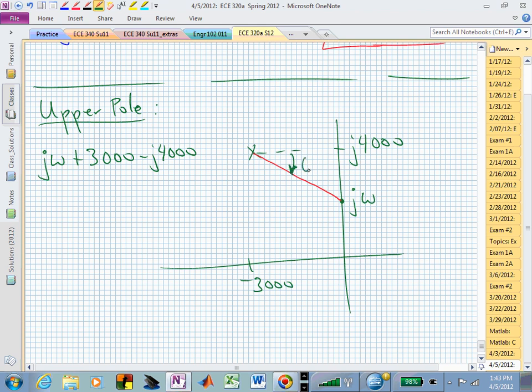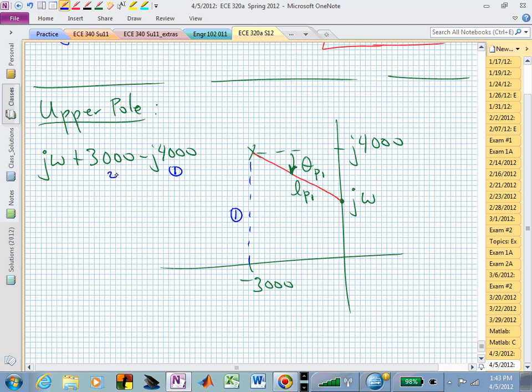This is now our theta P1, and our distance is L sub P1. But we could get there from our x to our j omega if we simply look at this expression. If we say, let's go down 4,000 in the vertical direction, that's the minus j 4,000. So this piece, I don't know if this notation is going to make any sense, but let's say now we travel down here, and there's 1.